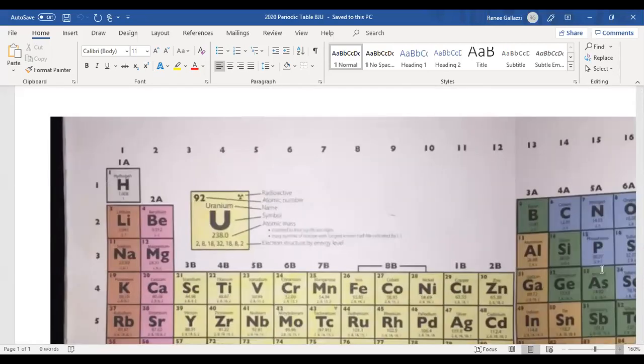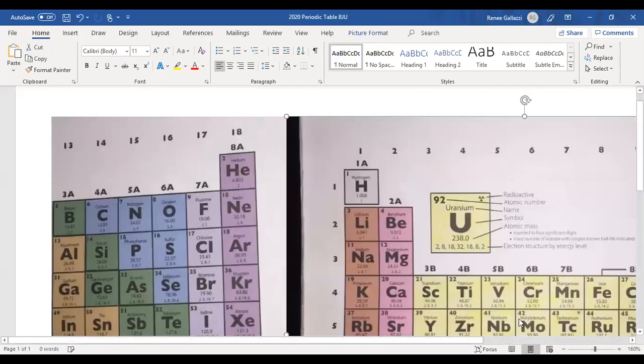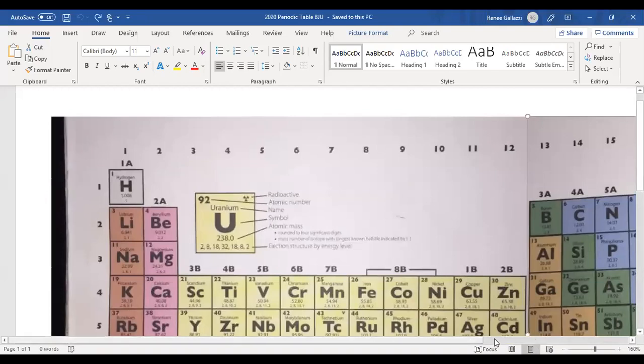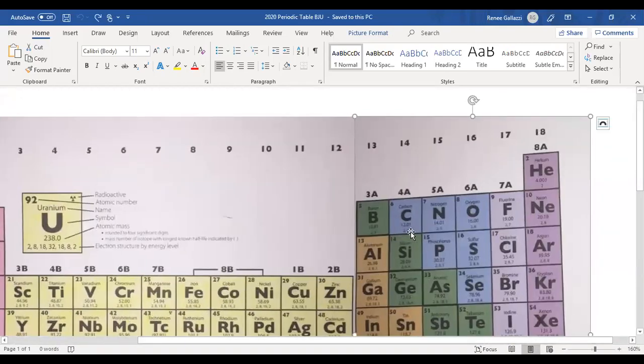So here we are, periodic table. Okay, so we see carbon here, 12.01. 1 mole of carbon equals 12.01 grams. So if I had some carbon and I could measure out 12.01 grams on my balance scale, I would have 1 mole. Nitrogen gas, if I could measure out 1 mole of nitrogen gas, I would have 14.01 grams of nitrogen gas.